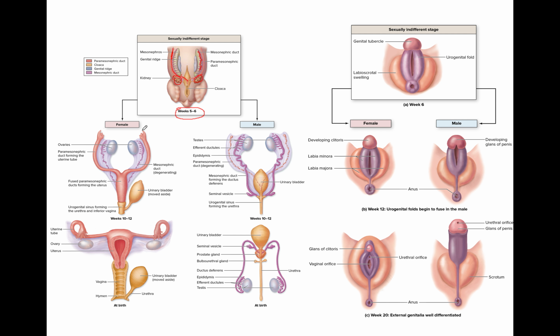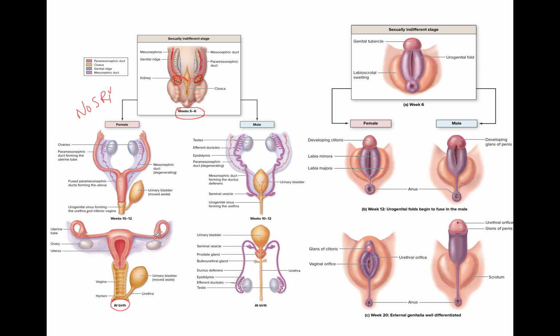Okay, so during embryonic development of the female, when you have no SRY protein, what happens is the Wolffian ducts are going to go away, and the Mullerian ducts continue to form the fallopian tube and the uterus. Okay, so this would be at birth.